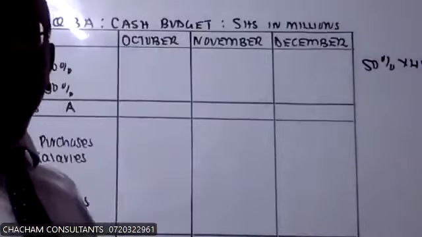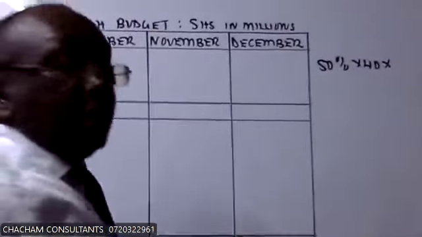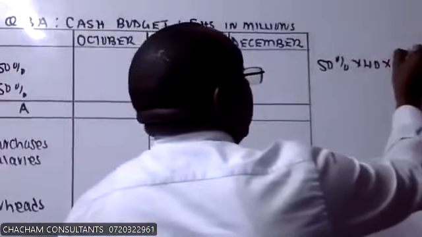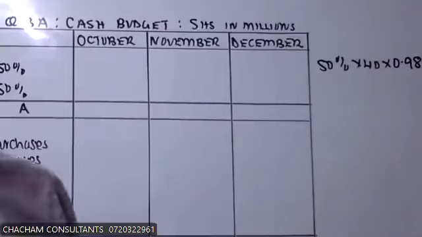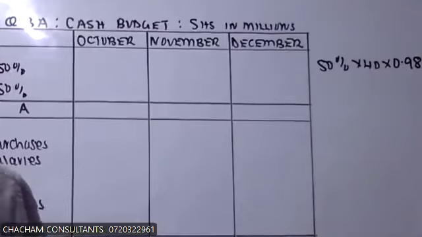Then you multiply by 0.98, because we are going to give them a cash discount of 2%. So tell me that amount.